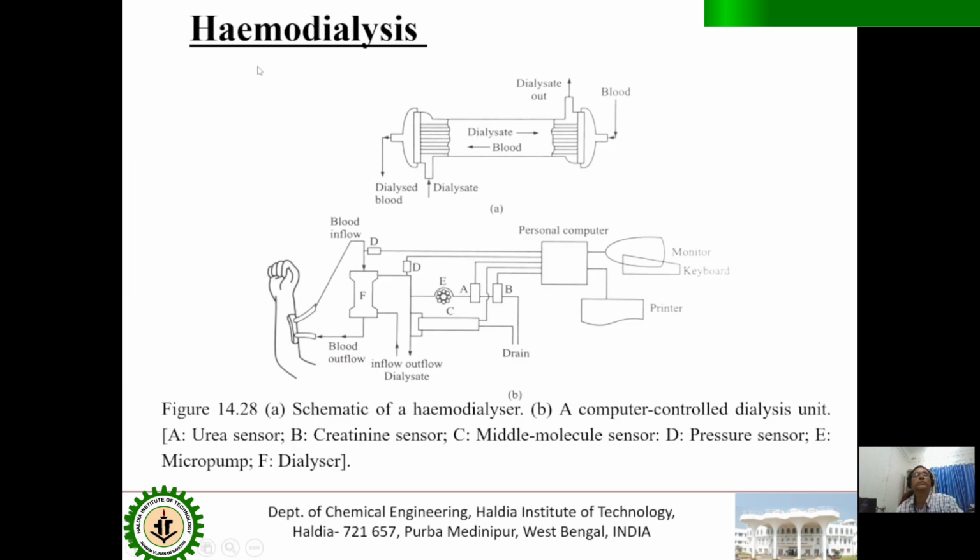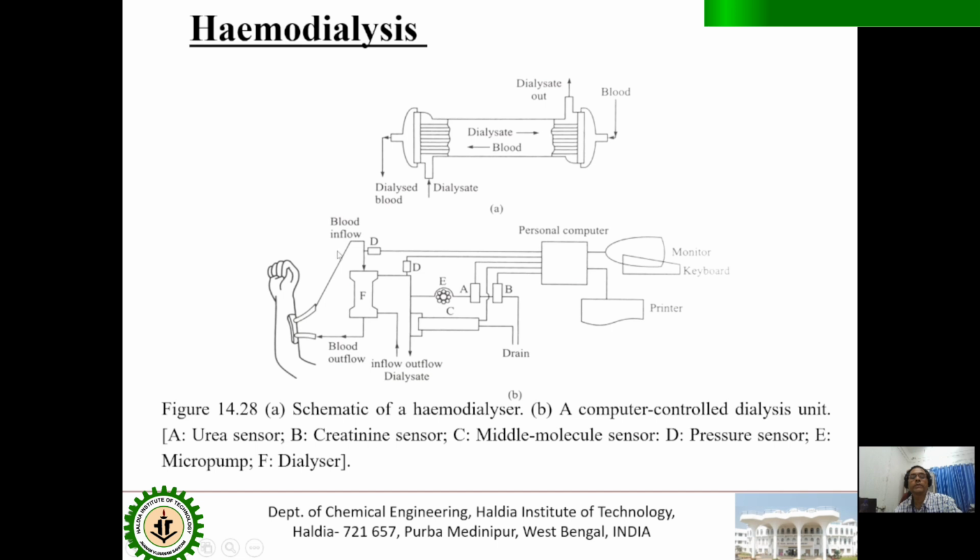Now coming to more details about hemodialysis, this schematic diagram shows that blood is taken from the body into the dialyzer, and there are online concentration measuring devices and different sensors attached. Say A is the urea sensor, B is the pH sensor, C is the middle molecule sensor, D is the pressure sensor, and E is the micro pump here.